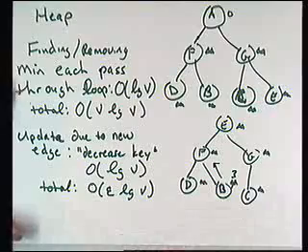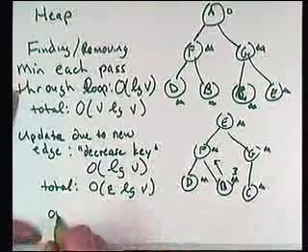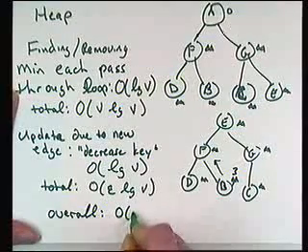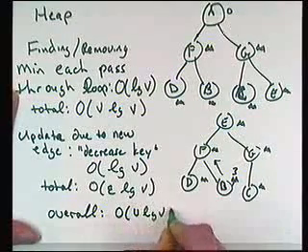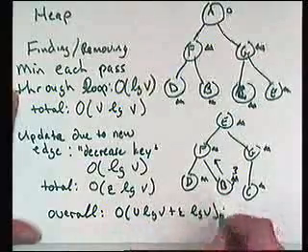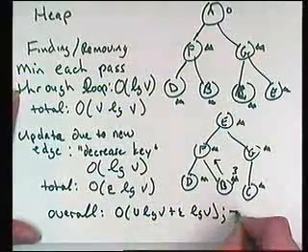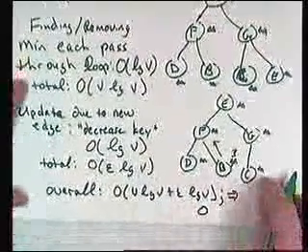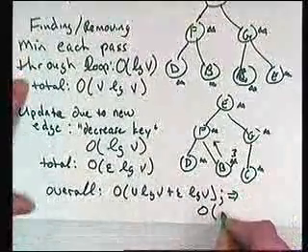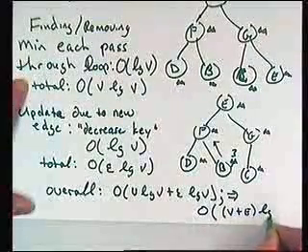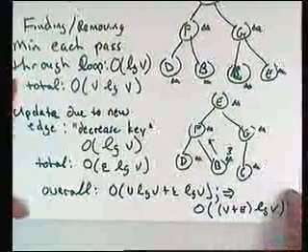And so therefore our overall total is going to be order v log v plus E log v, or, let me scoot up just a bit, order quantity v plus E times log v.